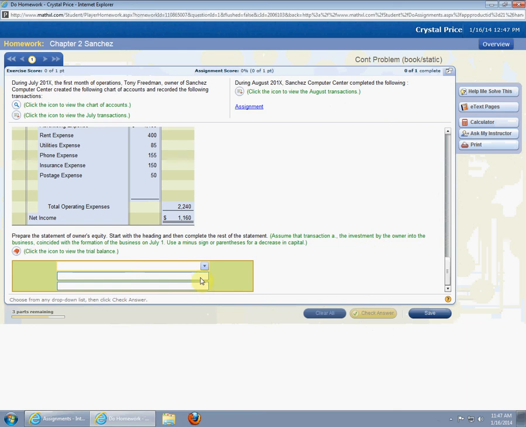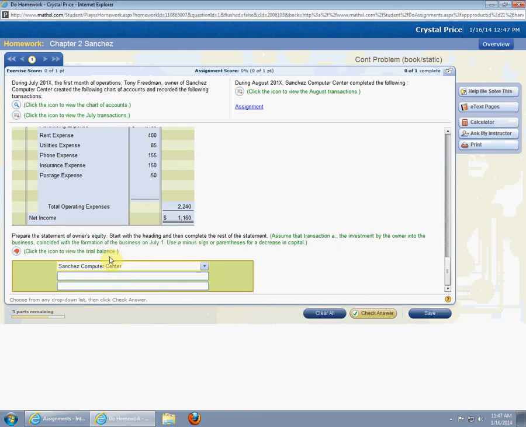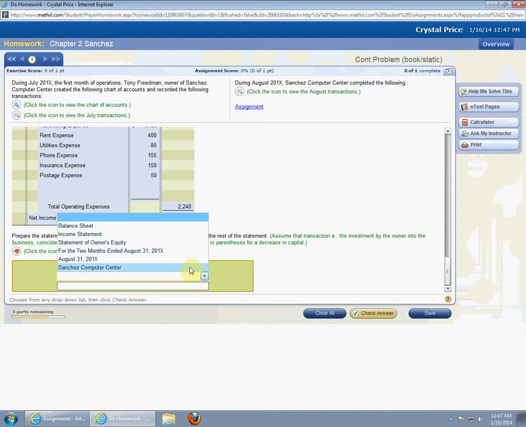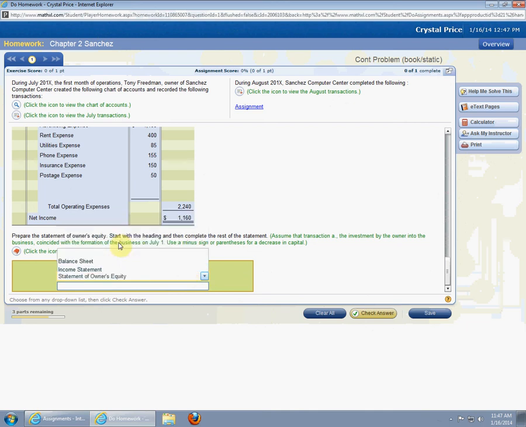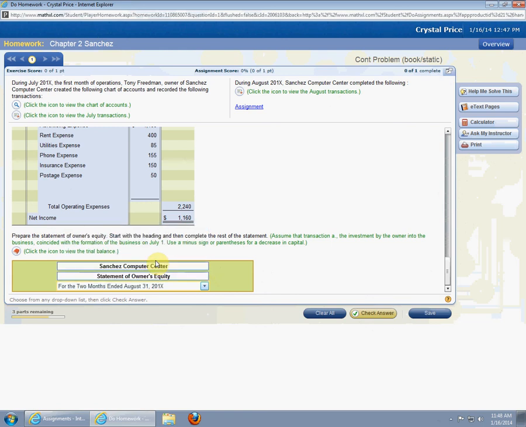So we're going to start off, just put our heading in. Sanchez Computer Center. This is a statement of owner's equity, and it is covering a period of time. So it's for the 2 months ended August 31st. You need to press continue.